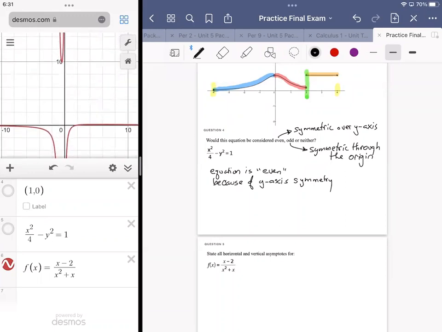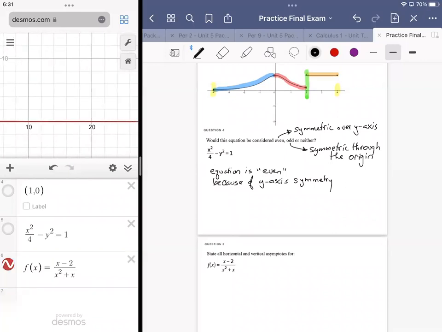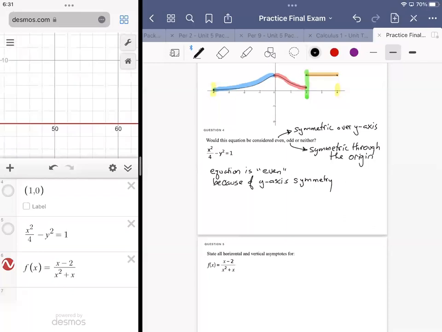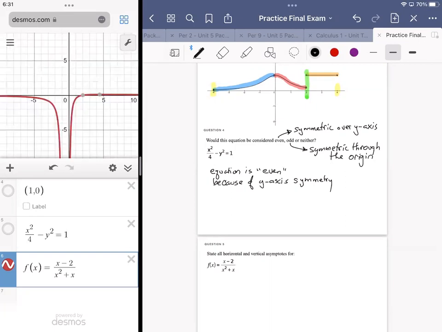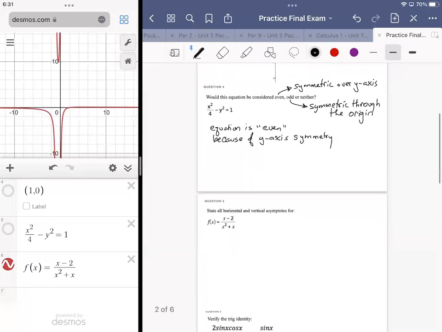It looks like it's going vertical in a couple of different places. But picking out the vertical asymptote is kind of tricky in this case, but the horizontal asymptote, the horizontal line that it's approaching, that seems to be the x-axis. So it's a pretty safe bet that the horizontal asymptote is the x-axis, but we'll verify that algebraically in a second.